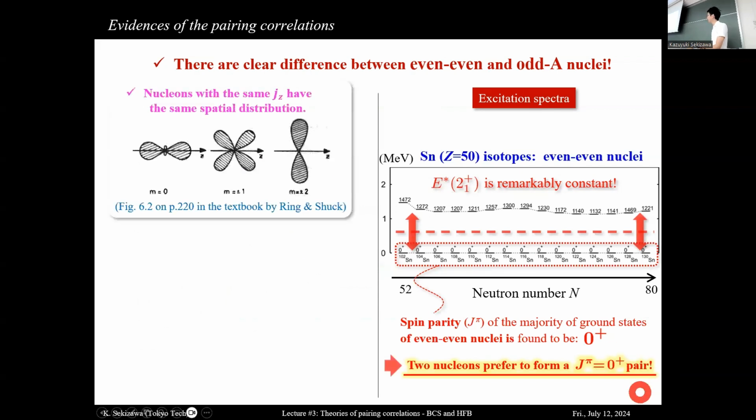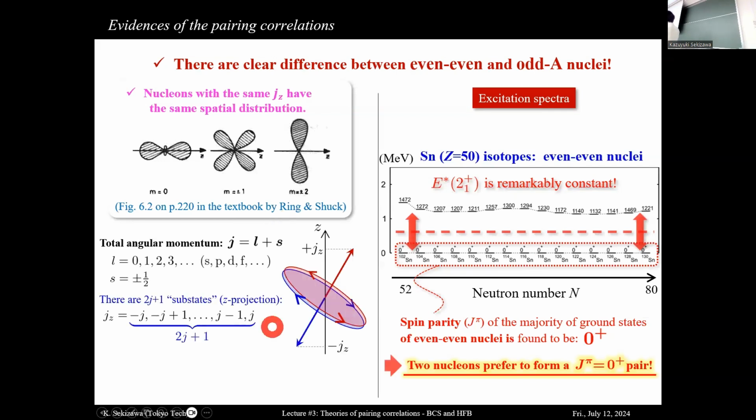Let me naively explain this 0 plus character. Here I show a schematic plot of different single particle wave functions. This figure was taken from the Ring and Schuck textbook. Let's assume spherical nuclei.